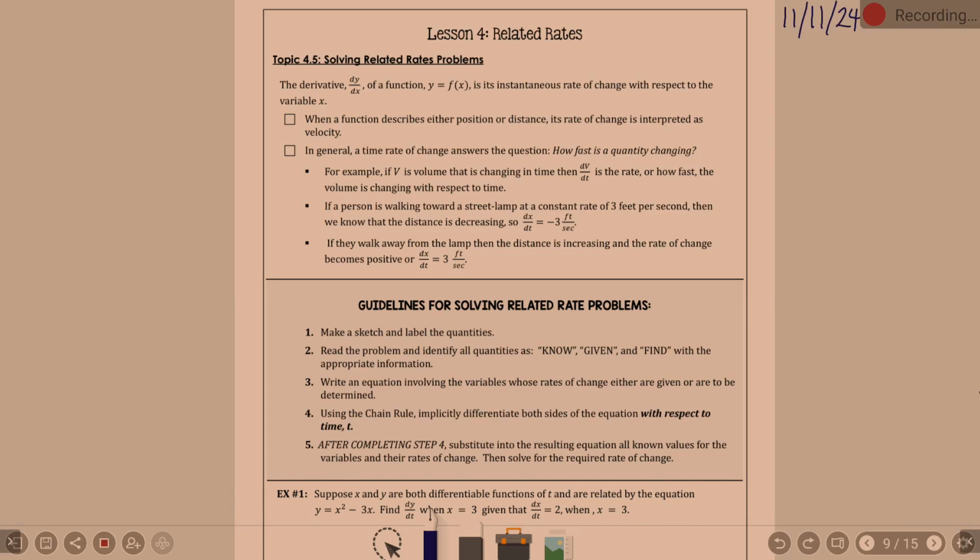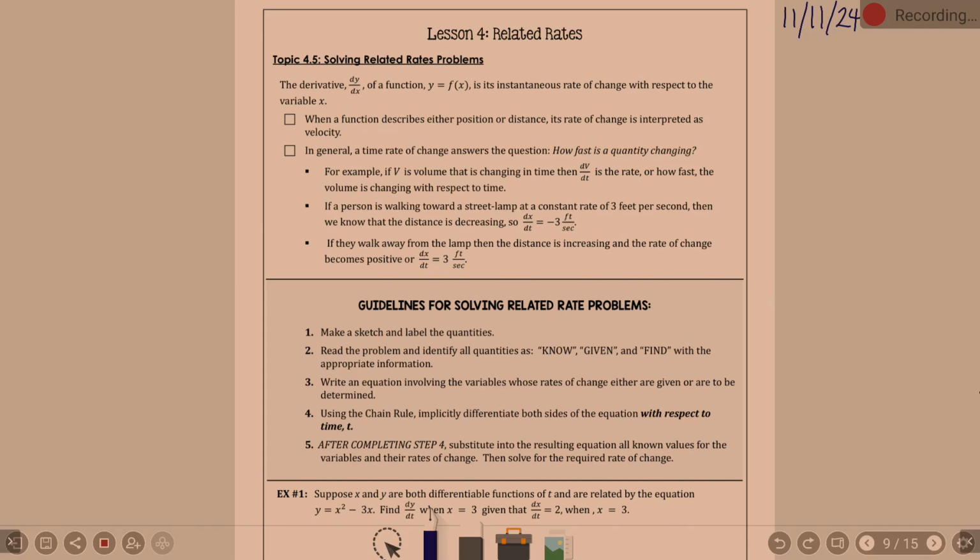Three, write an equation that involves the variables whose rates of change are either given or are to be determined. Like we just saw, the Pythagorean theorem, some area and volume formulas. Those are some of the different formulas you might be using to connect everything.